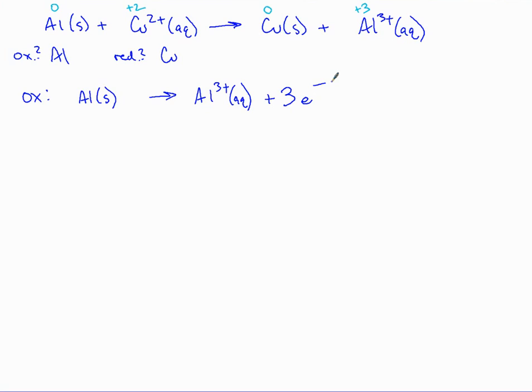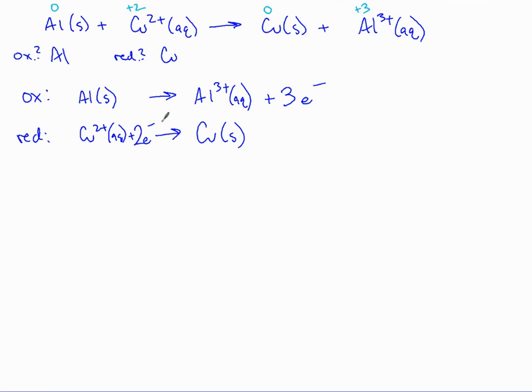Our reduction half reaction, we have copper 2+ becoming solid copper. It's gaining electrons. So the copper ion plus electrons are making this. When you're gaining, we're going to put them over here. And the charge was +2 to 0.